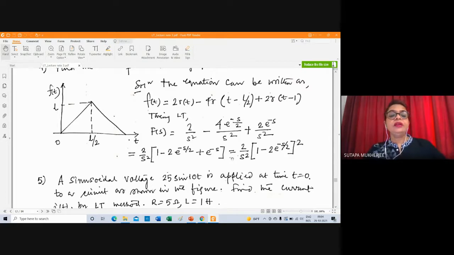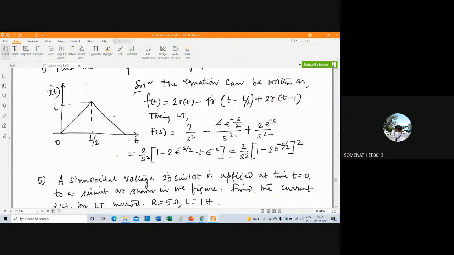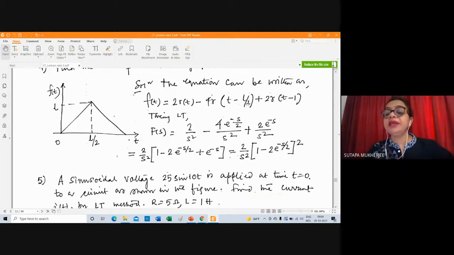Do you remember the Laplace of a shifted function? Yes, ma'am. E to the power minus as. If it is shifted by a particular a, then it will be the particular function into e to the power minus as, right?